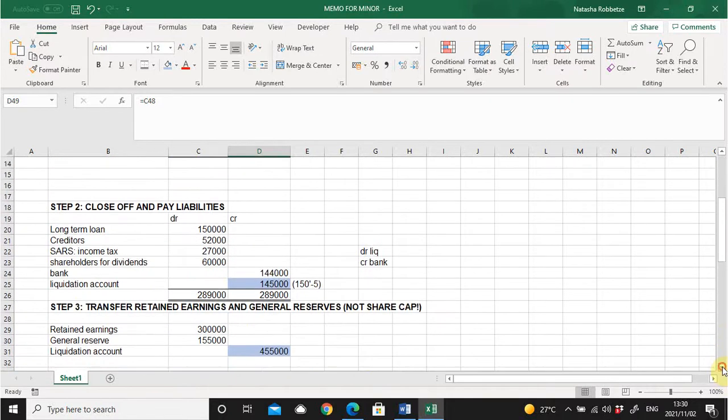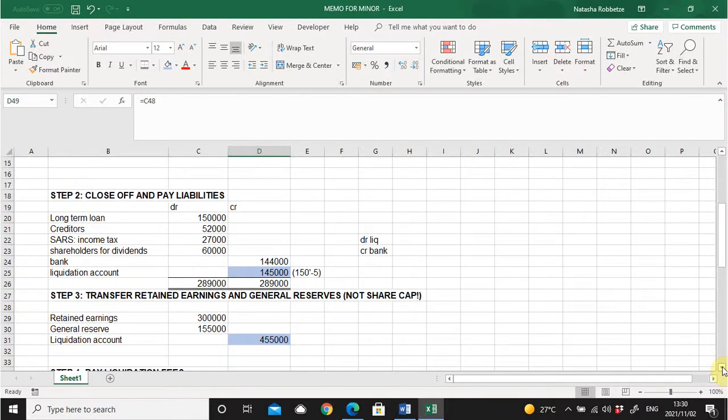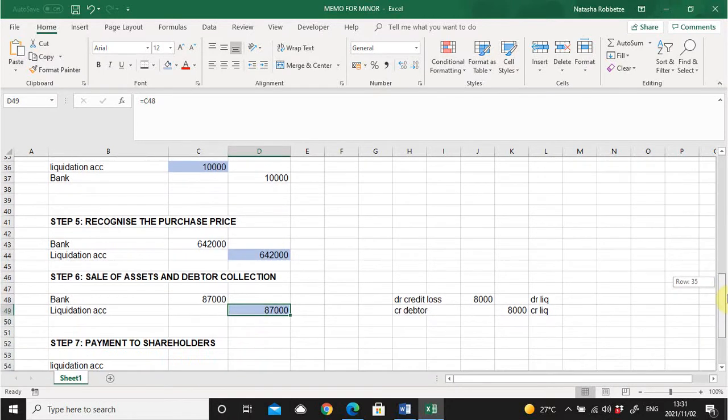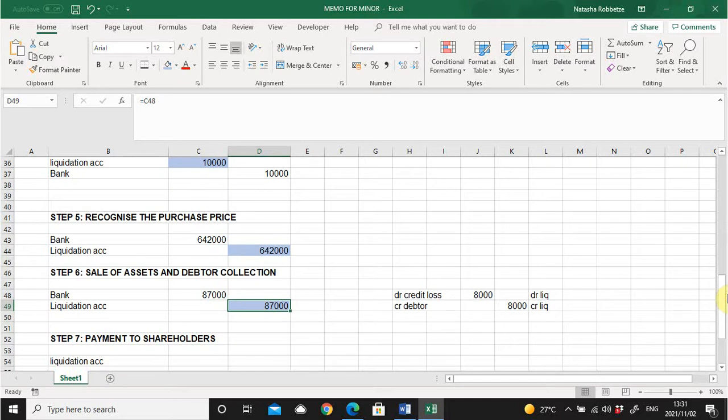So if I take the amounts and I start by saying minus the 830,000, I add the 145,000, I add the 455,000, I minus the 10,000, I add the 642,000, and I add the 87,000, then I have a credit or a positive balance in the liquidation account of 489,000.